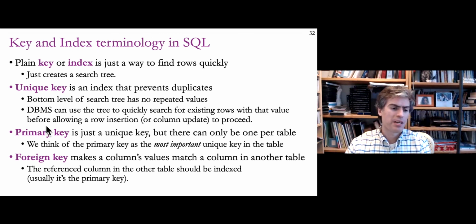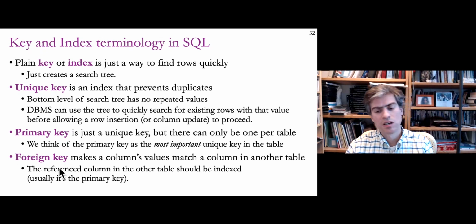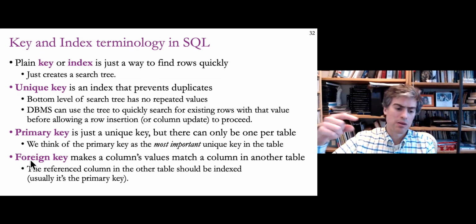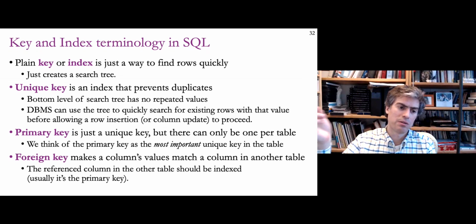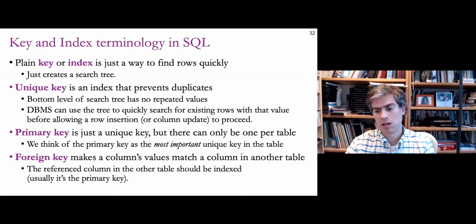And primary keys are a particular type of unique keys. The first unique key you have in a table is a primary key, but you can have additional unique keys, which you could think of as secondary and tertiary keys. And then finally, foreign keys are not keys themselves, but they're columns that point to keys in other tables that allow you to have references, like a certain ID refers to an element in another table.